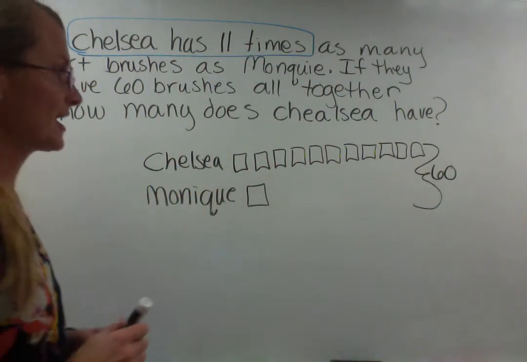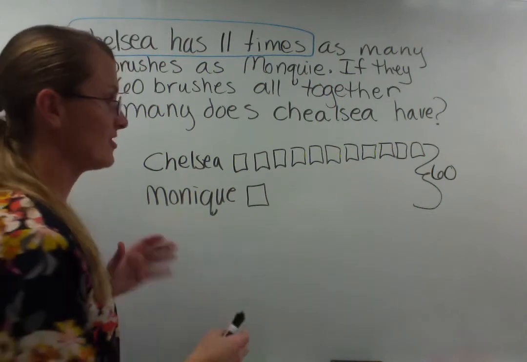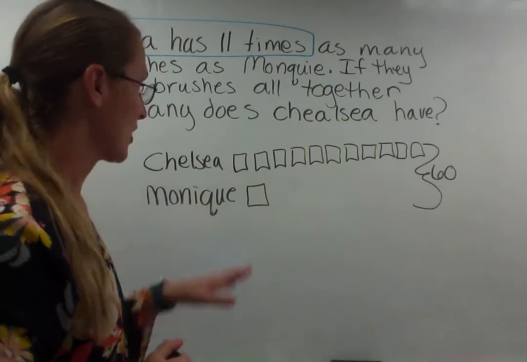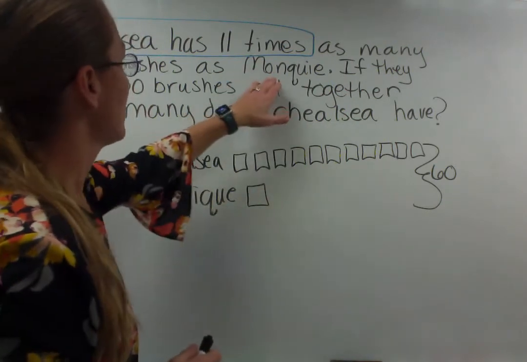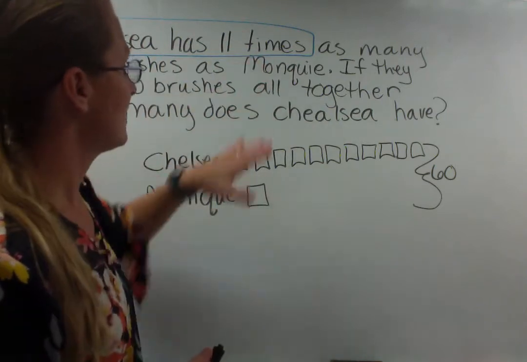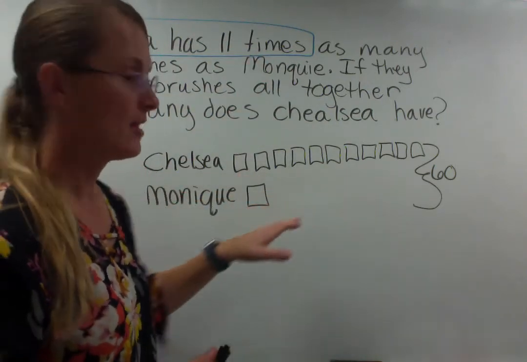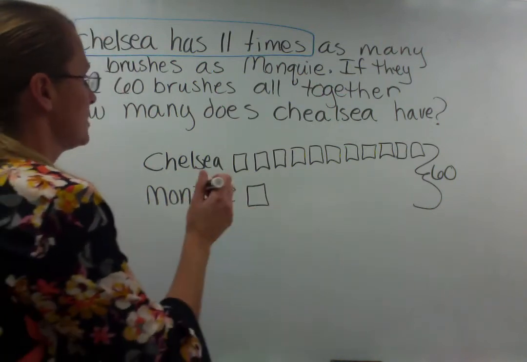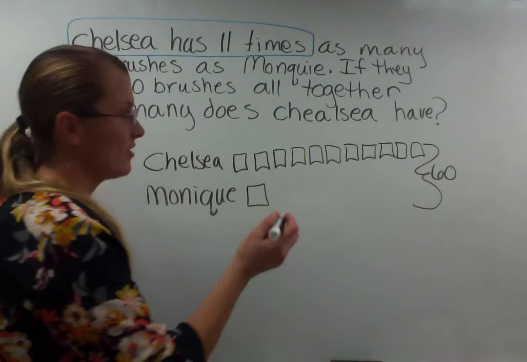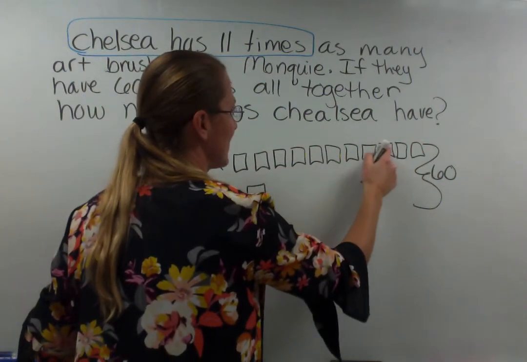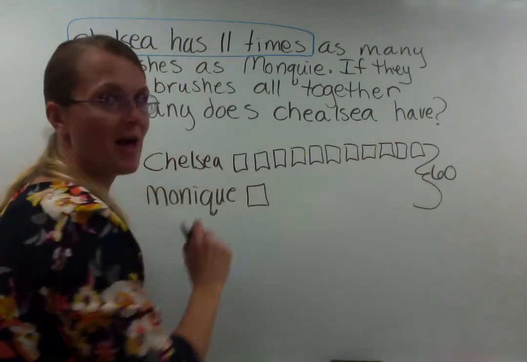So basically what I can do is if I can break apart what they have into boxes, I can divide 60 by how many boxes there are. So Monique has 1. The person that you're comparing it to always has 1. Chelsea has 11 times more, so she has 11, and Monique is going to have 1 box. Okay? So all together, they have 1, 2, 3, 4, 5, 6, 7, 8, 9, 10, 11, 12 boxes.